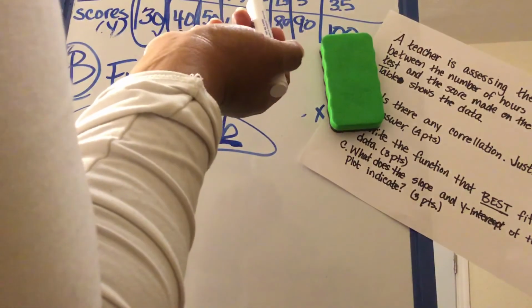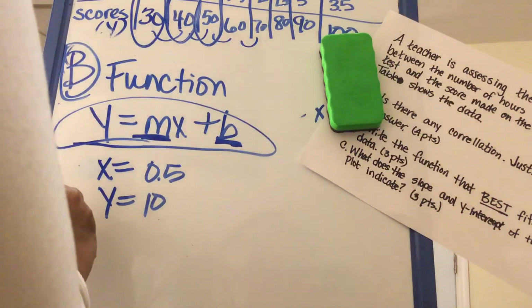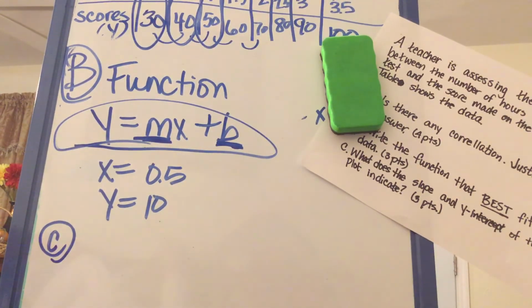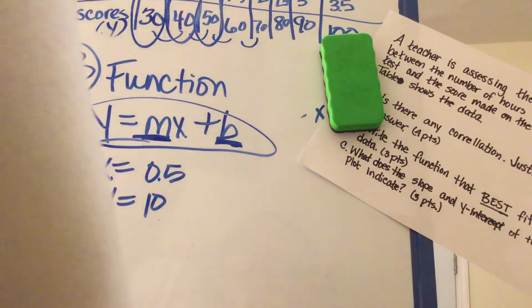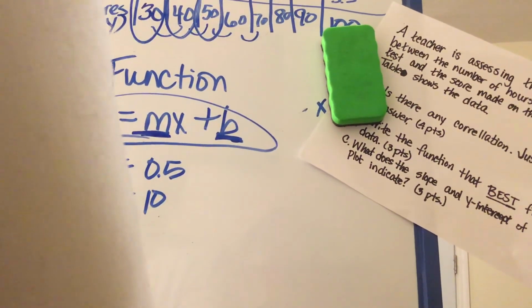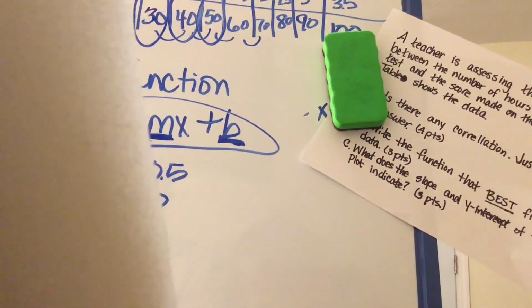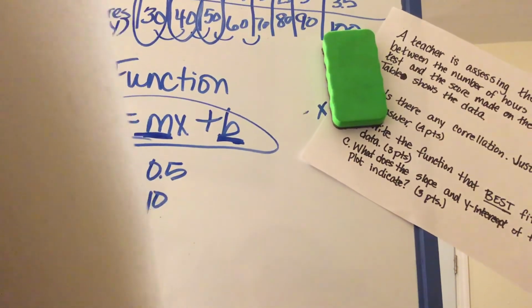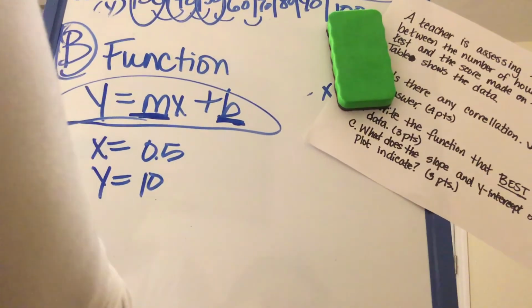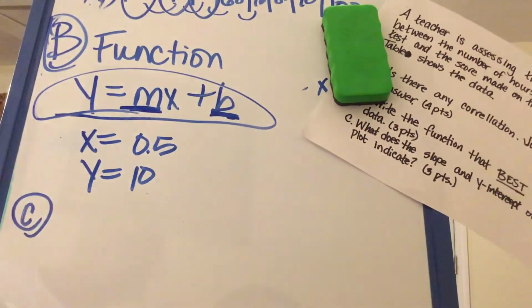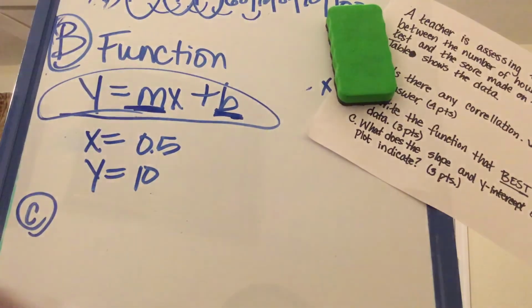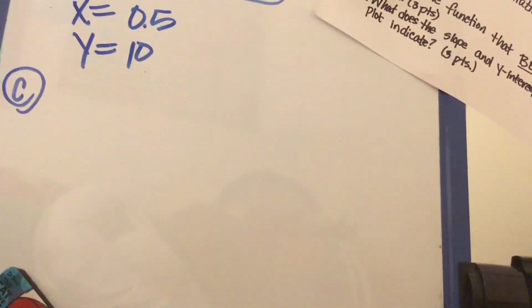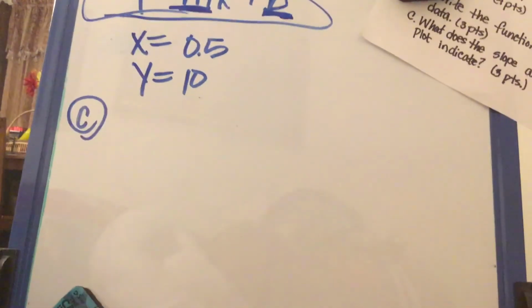So these are all points, right? So this is C. You can't see C. Can you see it now? Let me see. Yeah, I think you'll be able to see it.